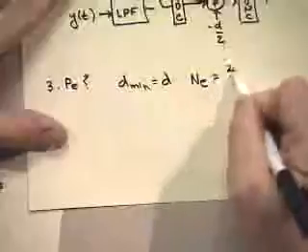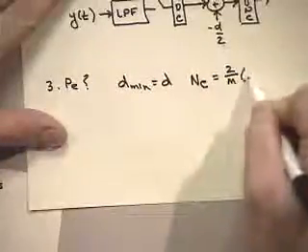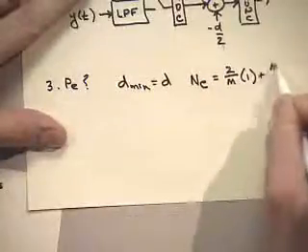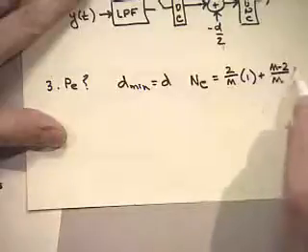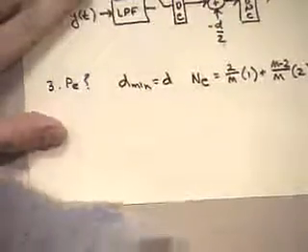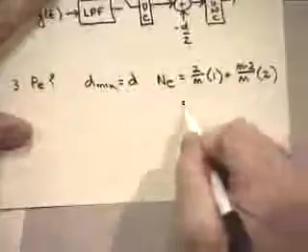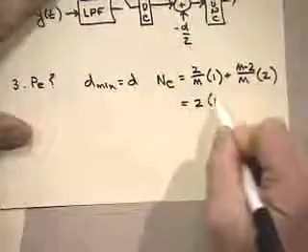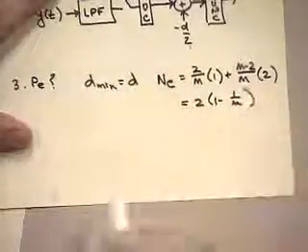So what I have then is 2 out of a total of m messages have only one nearest neighbor, and the other m minus 2 of those m messages have 2 nearest neighbors. And so that tells me, with some algebra, this is 2 times 1 minus 1 over m.